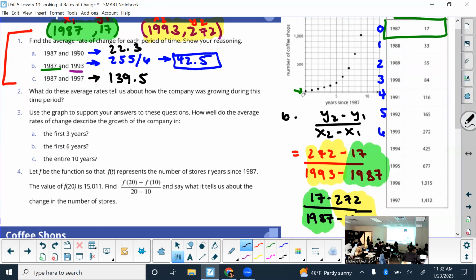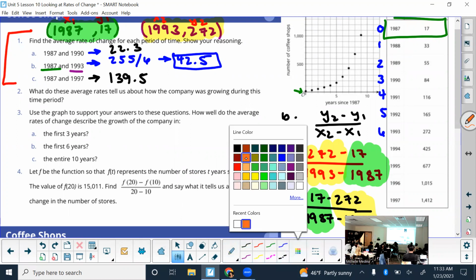Okay. So then A, that coordinate, the first one is still 1987, 17, right? That's the same year as before. What will the second coordinate be? Let me pick a different color. We'll do orange.